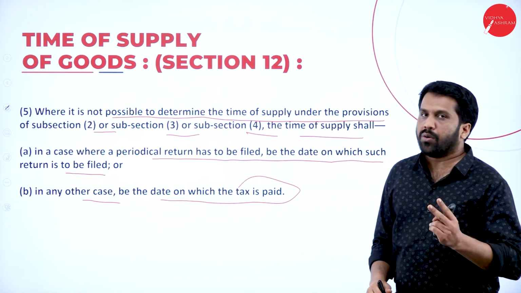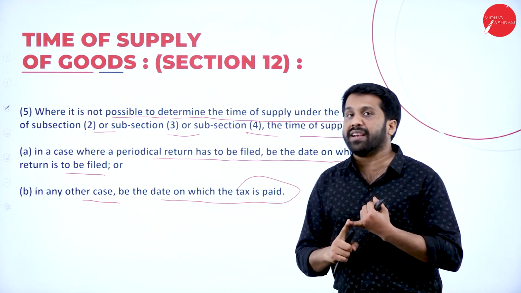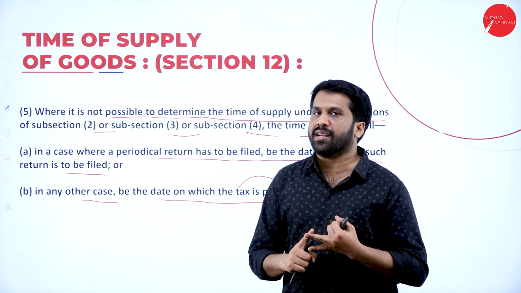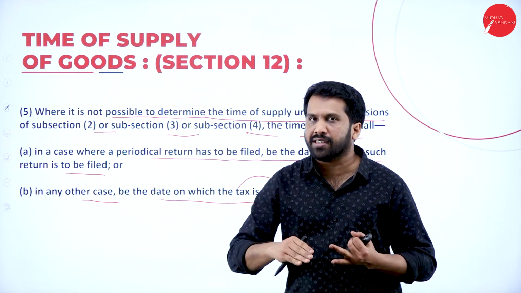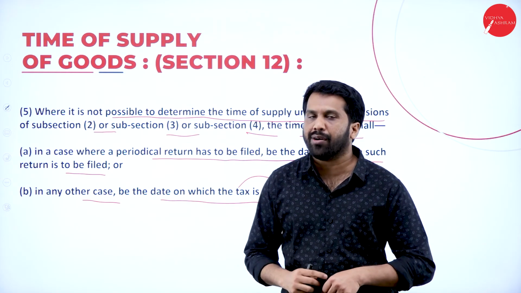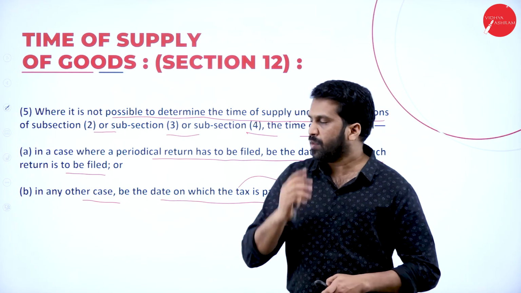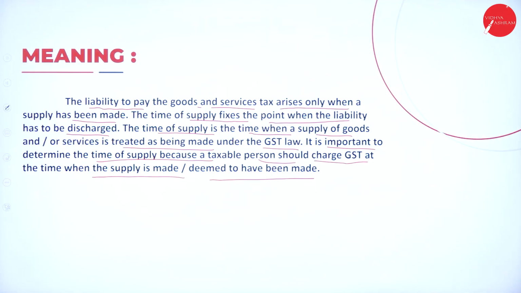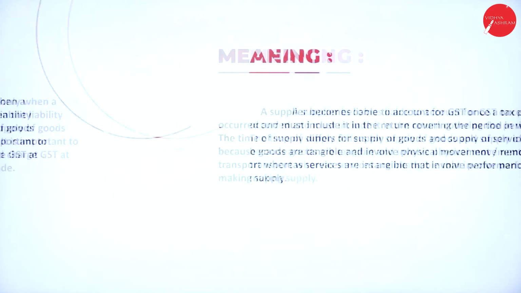Two things are there. One is when you usually pay tax, and the second is when the returns are made. Out of these two, whichever is earlier should be considered as time of supply. Hope you are clear? Please take a screenshot.